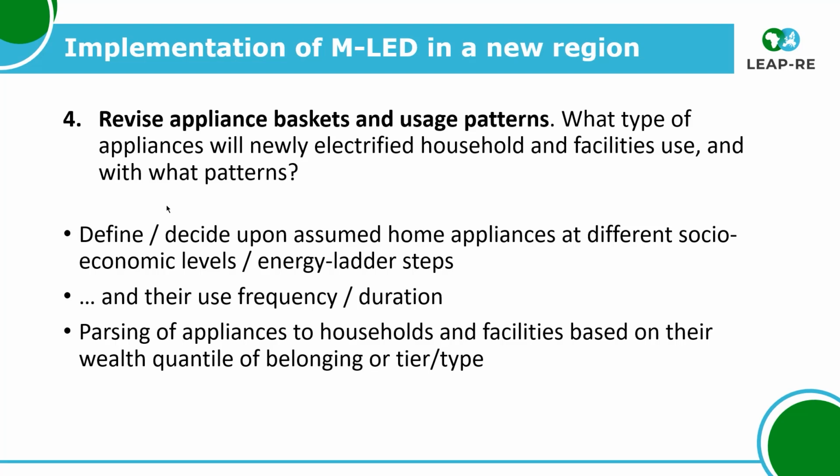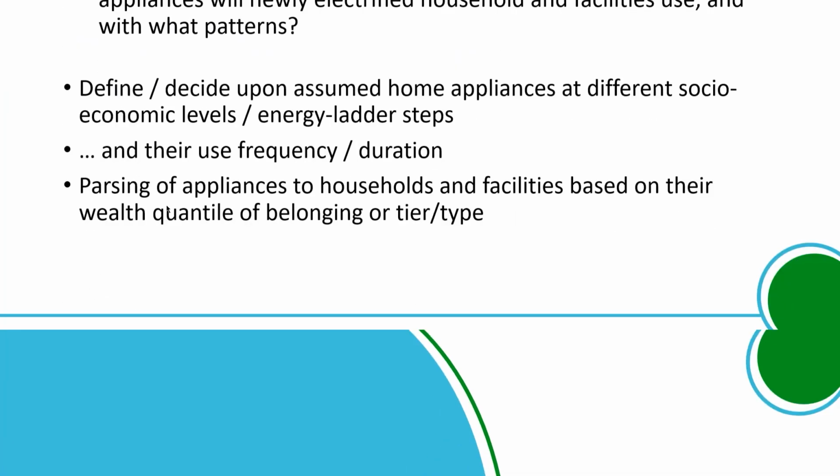So also this might vary much across countries. So it's good practice to revise these baskets and usage patterns to make sure that we are assigning the right loads to the people and the facilities in the future.